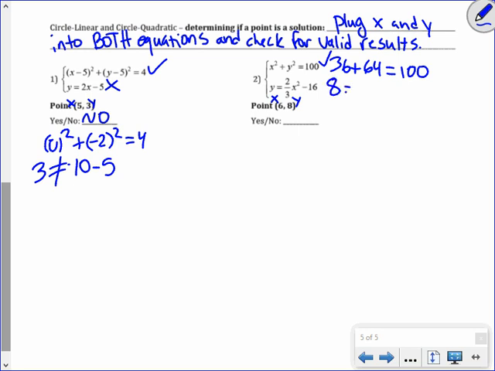So we have 8 for the y, so we use 2/3 times 36, whatever that is, minus 16. So 2/3 times 36 is 24. Is 24 minus 16, 8. So does it work for the second equation? Yes. So is it a solution to the system as a whole? Yes. So just like we did last time, that's how you would approach it if you had circles in the mix. All right?